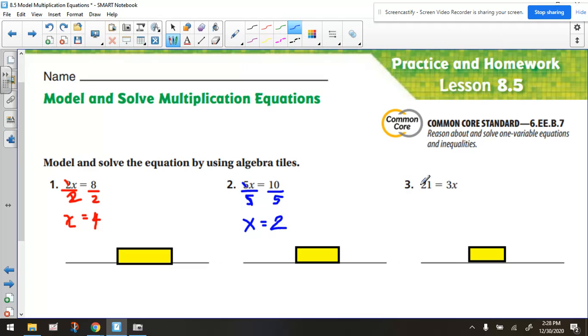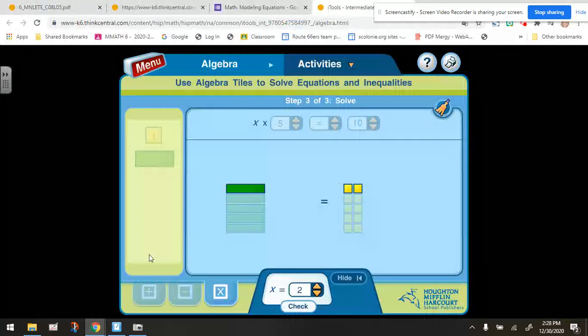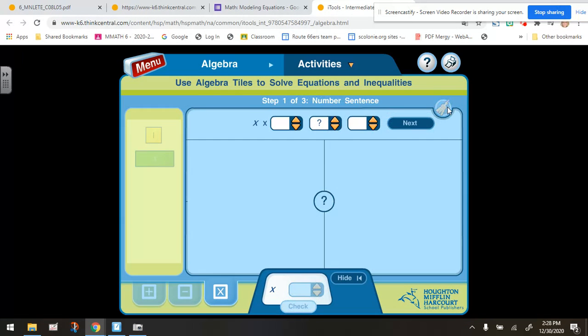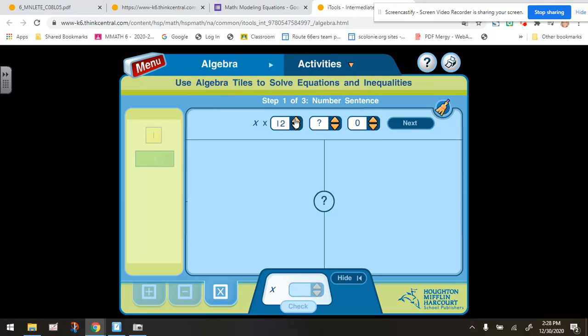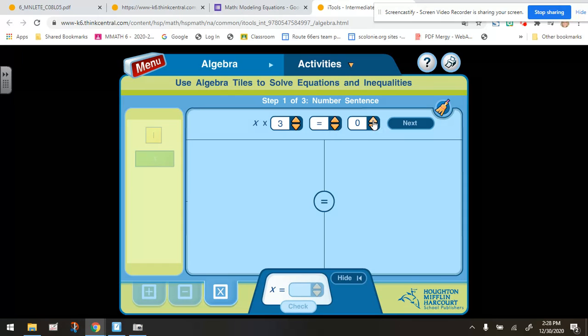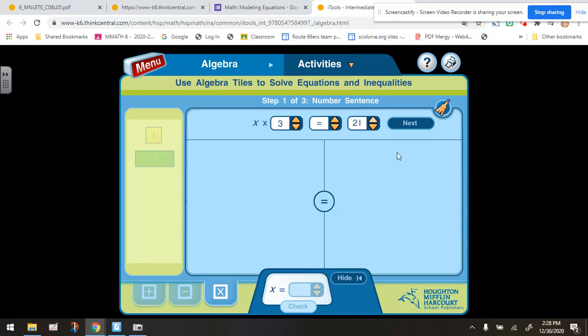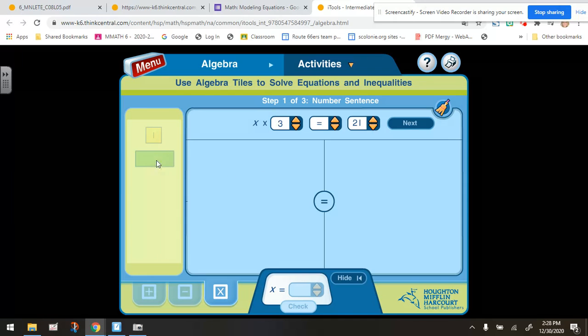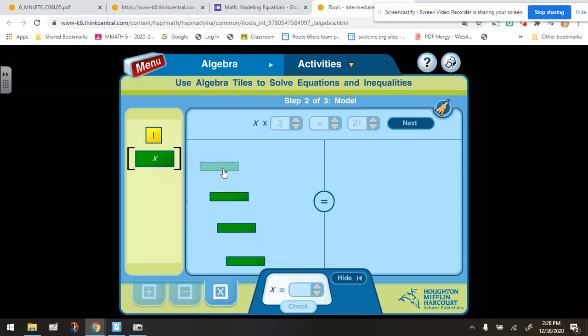All right, so for this one, they're giving us 21 equals 3x. So let's go back to our tiles here, clear it. So basically, we're taking the x and we're multiplying it by 3. And we're getting that to equal 21. All right, so we need 3 of these. 1, 2, 3.